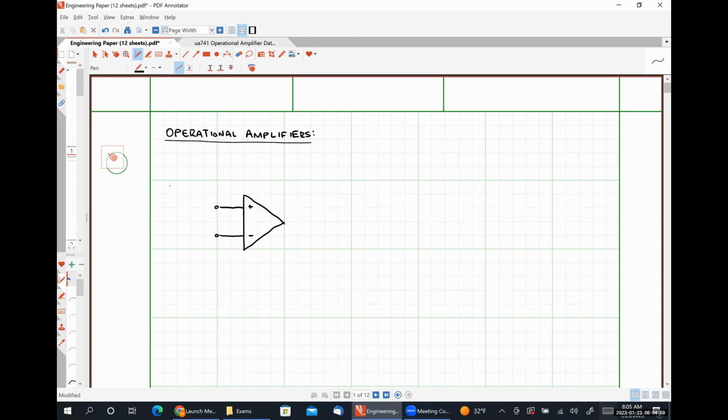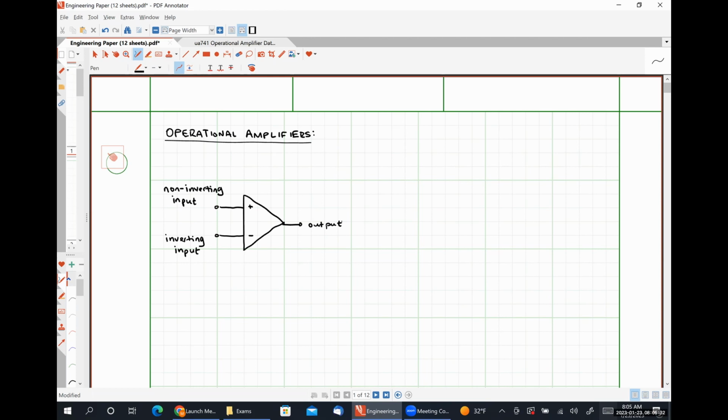The plus sign terminal is the non-inverting input terminal. The one with the minus sign associated with it is the inverting input terminal. On the right-hand side, we are going to have our output terminal.